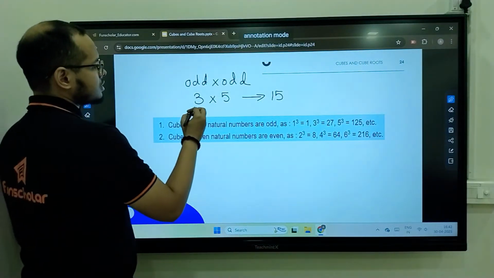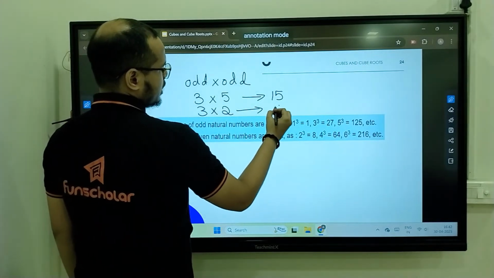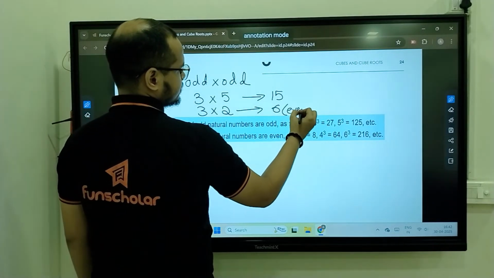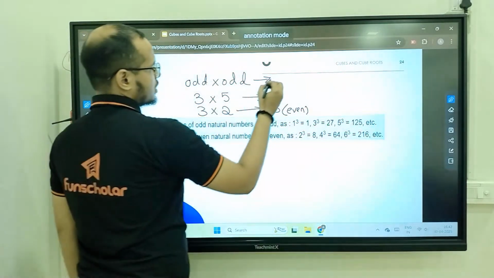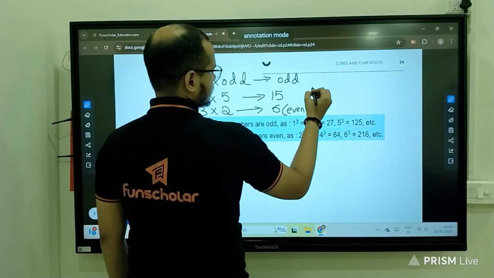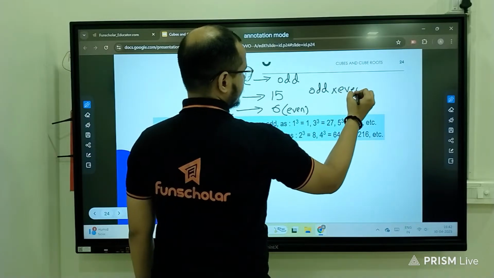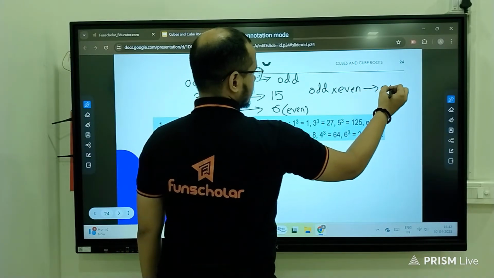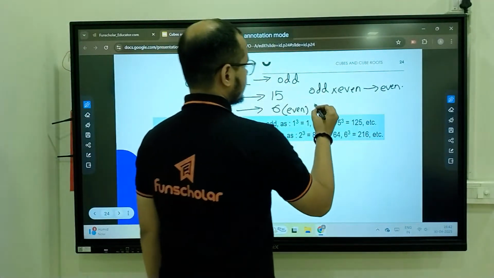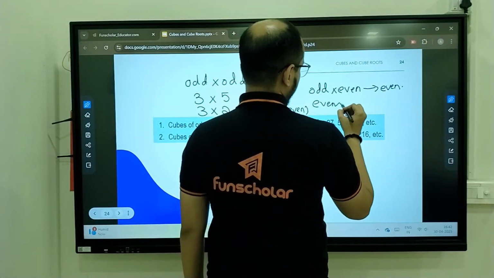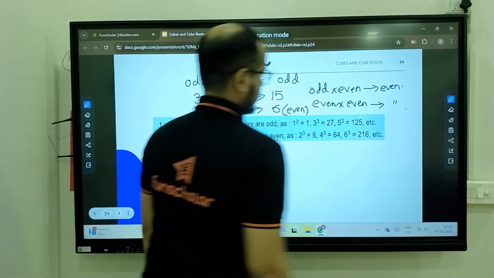But odd into even will get us an even number. Odd into odd will give us odd numbers. Odd into even gives even numbers. And even into even will always give us even numbers only.